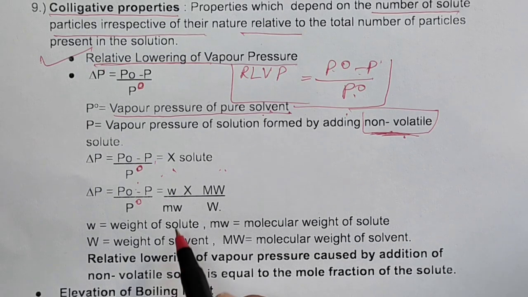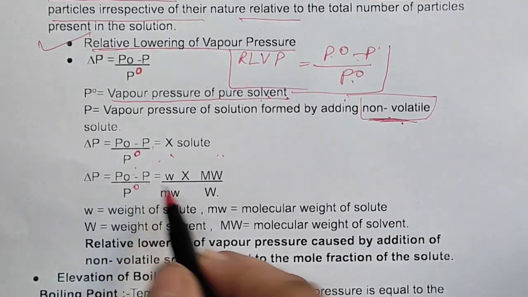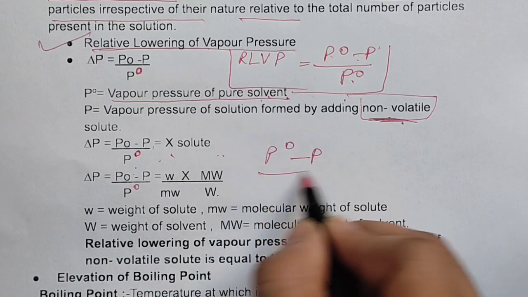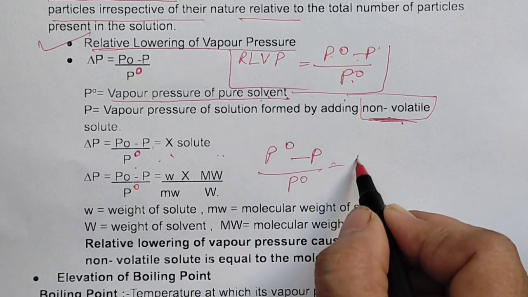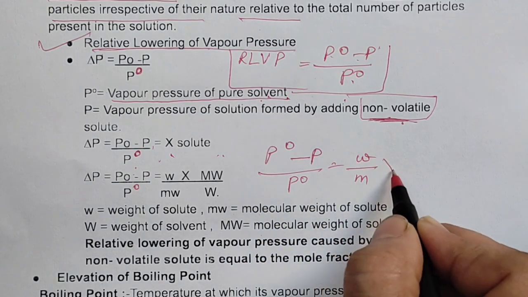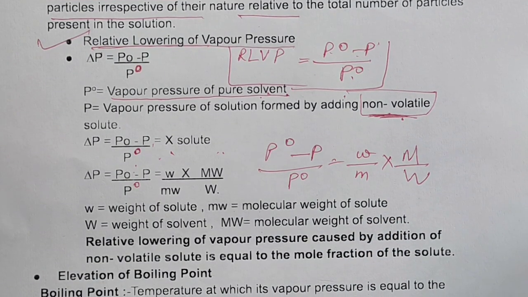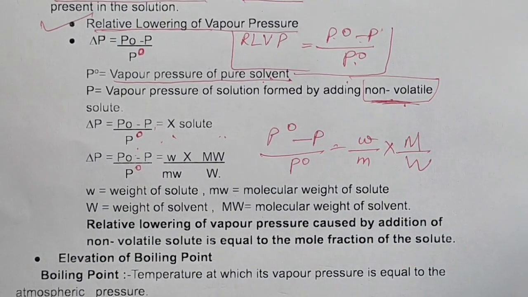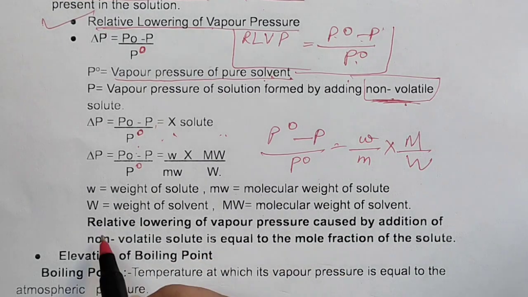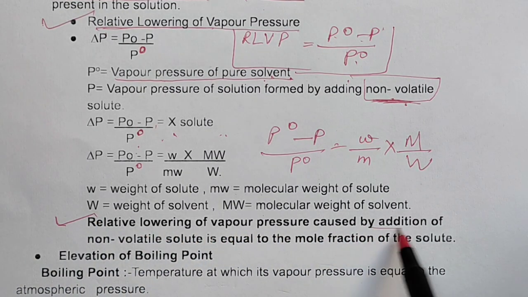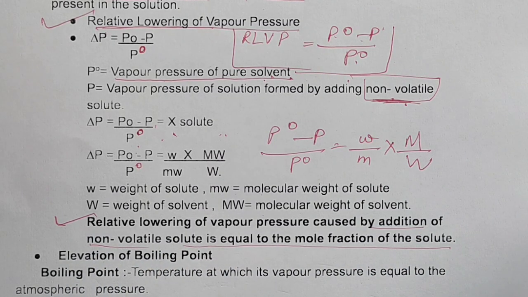So you have this formula, P naught minus P by P naught is equal to W by M into M by W. We'll be using this formula for numericals, children. So this is the statement for Raoult's law. It says the relative lowering in the vapor pressure caused by addition of non-volatile solute is equal to the mole fraction of the solute. Fine.